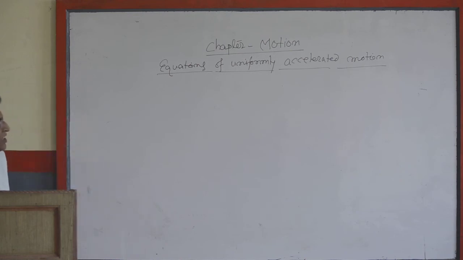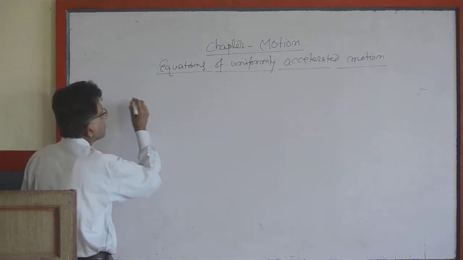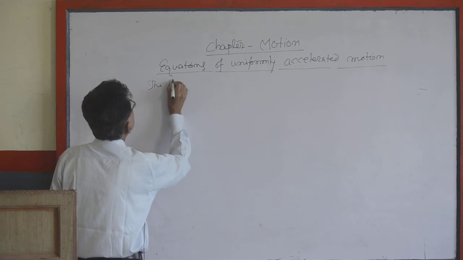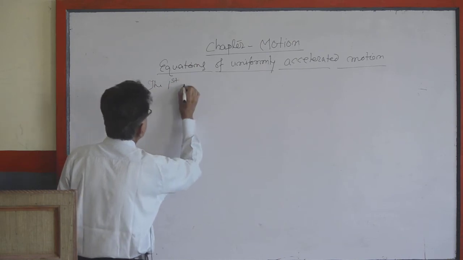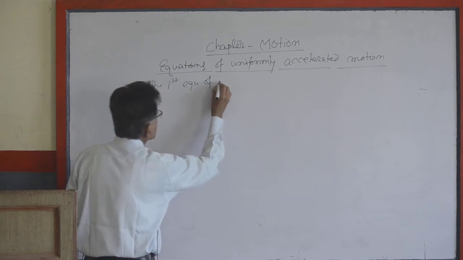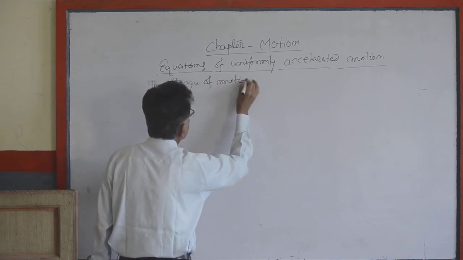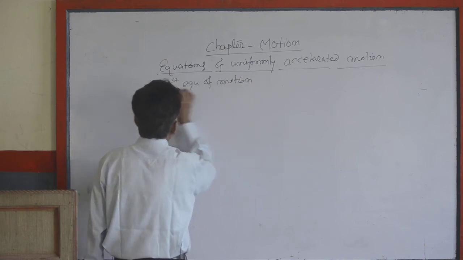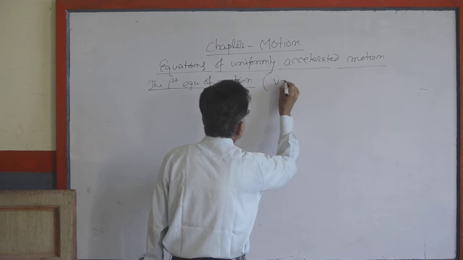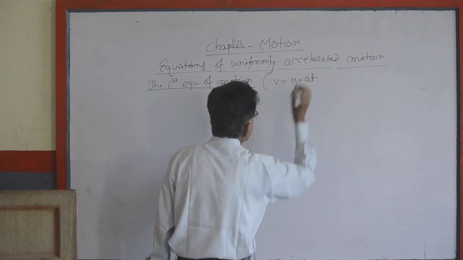The first equation of motion: v equal to u plus at.